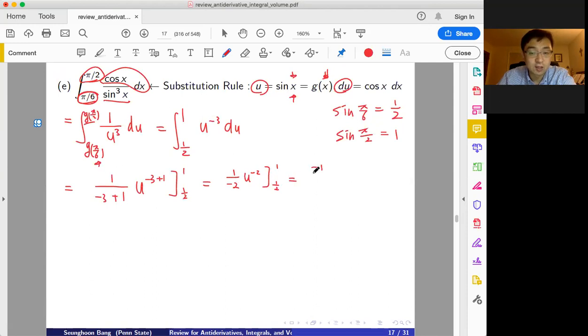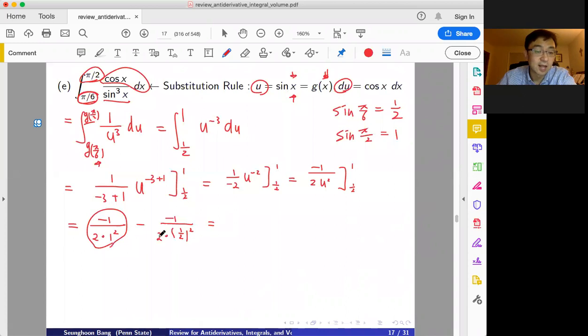Change it to the next one: u to the minus 2 is 1 over u squared. You can plug the upper limit into u: negative 1 over 2 times 1 squared, minus 1 over 2 times 1 over 2 squared.